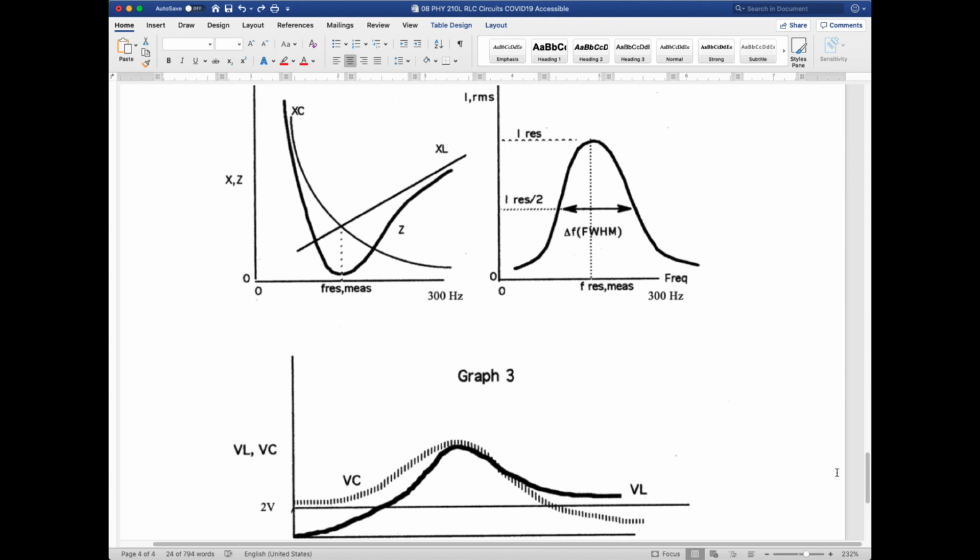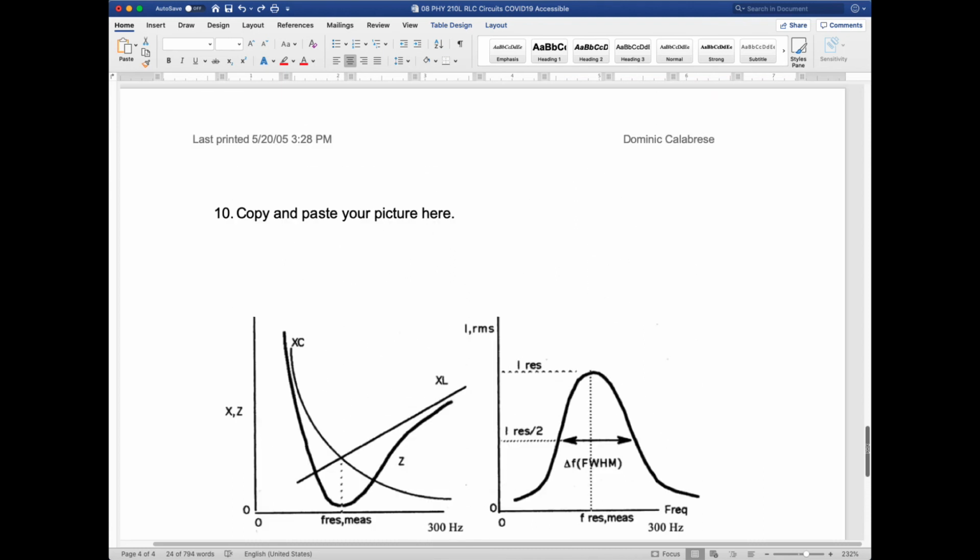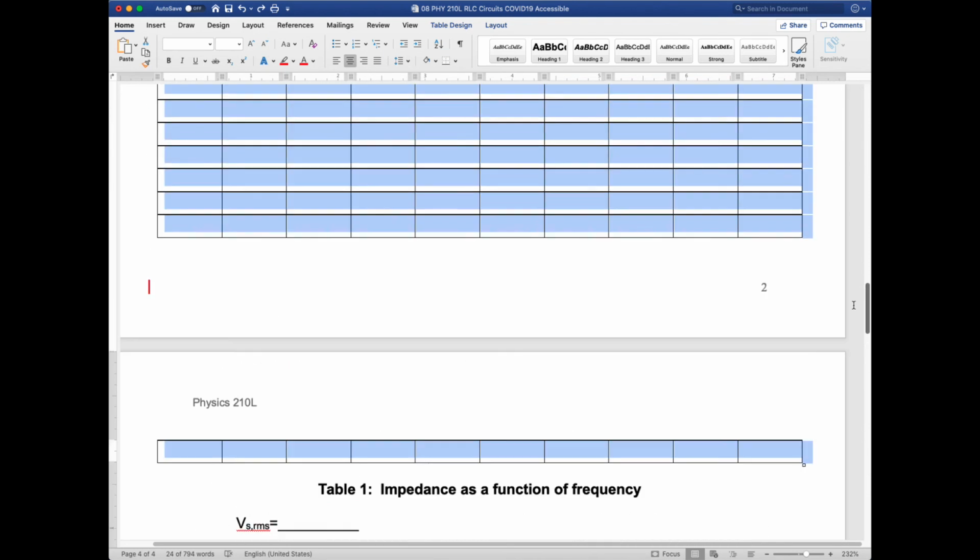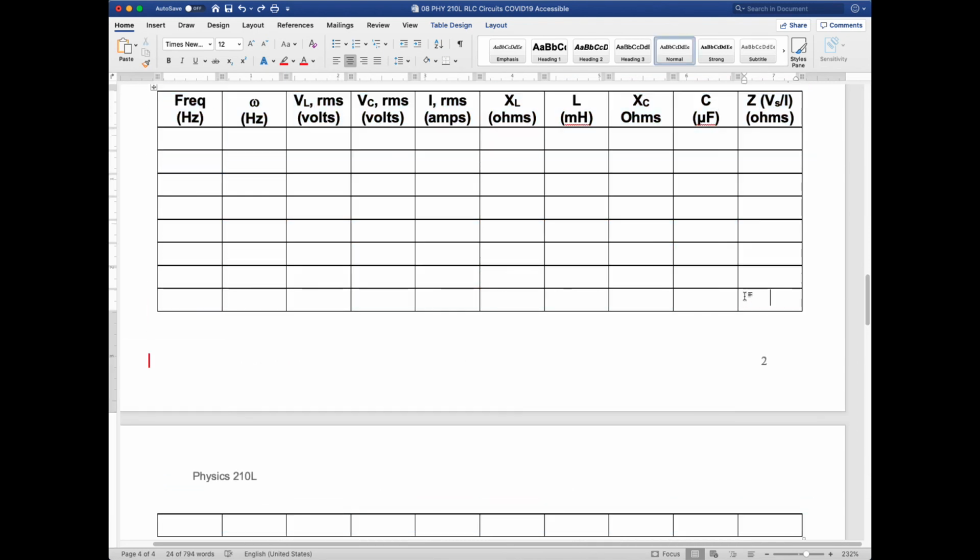So, for the first two, for the graph on the top left and on the bottom, it really doesn't matter what software you use because you're not doing a curve fit. But this one on the top right, you have to use a curve fit software that does a curve fit and shows you the curve fit results.